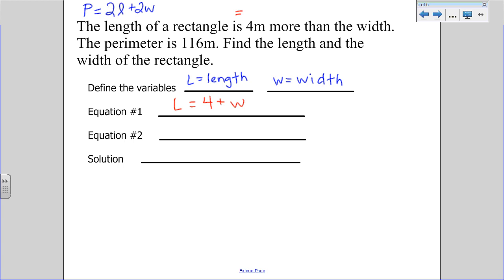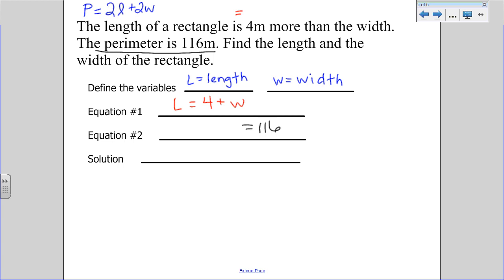Our first sentence gave us our first equation. Our second sentence is going to give us our second equation. I know perimeter equals 116. I've got to have variables in there somewhere, guys. I've got to have an L and a W somewhere in this equation.